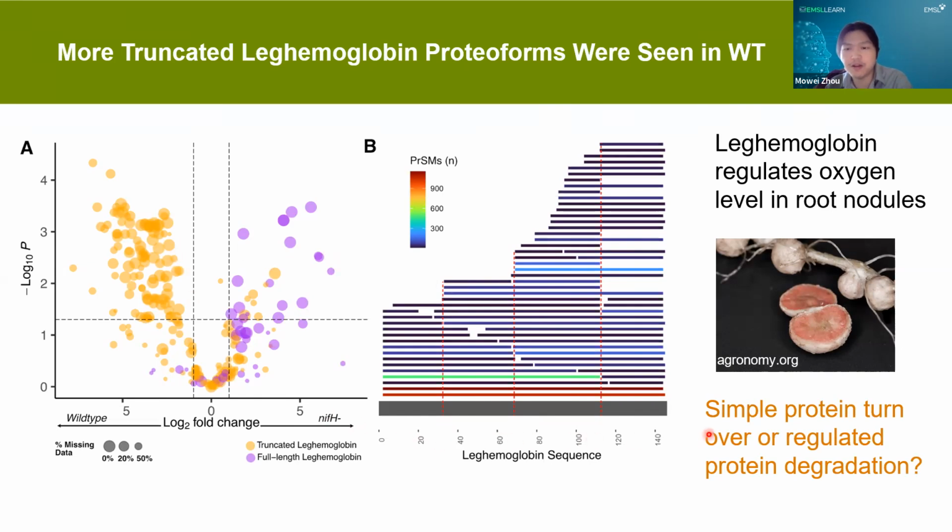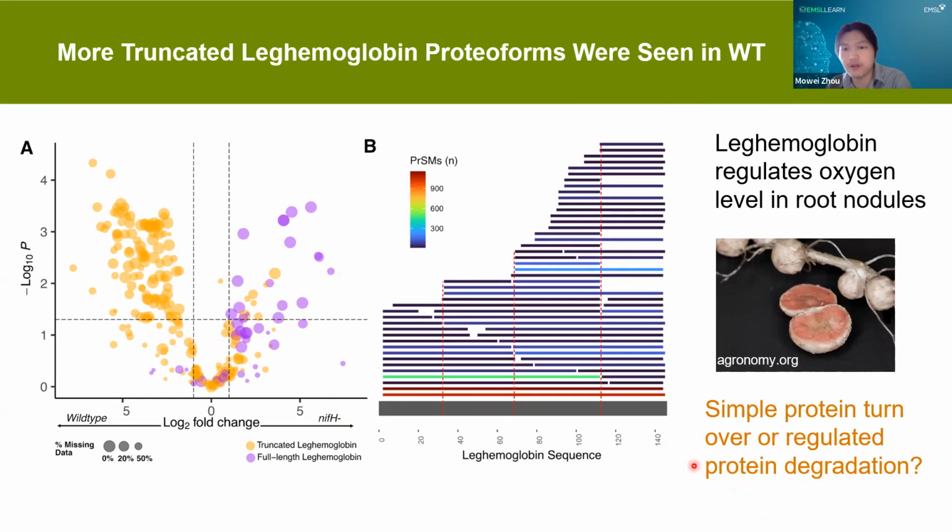It could be that there's a higher turnover rate because the wild type is really actively doing this symbiosis process, or maybe there's some regulated protein degradation. I don't know, there may be some bacterial proteases that are trying to make sure the hemoglobin doesn't bring too much oxygen into the bacteria in some symbiotic region. So this is an open question we're still investigating, trying to get more information from other data.